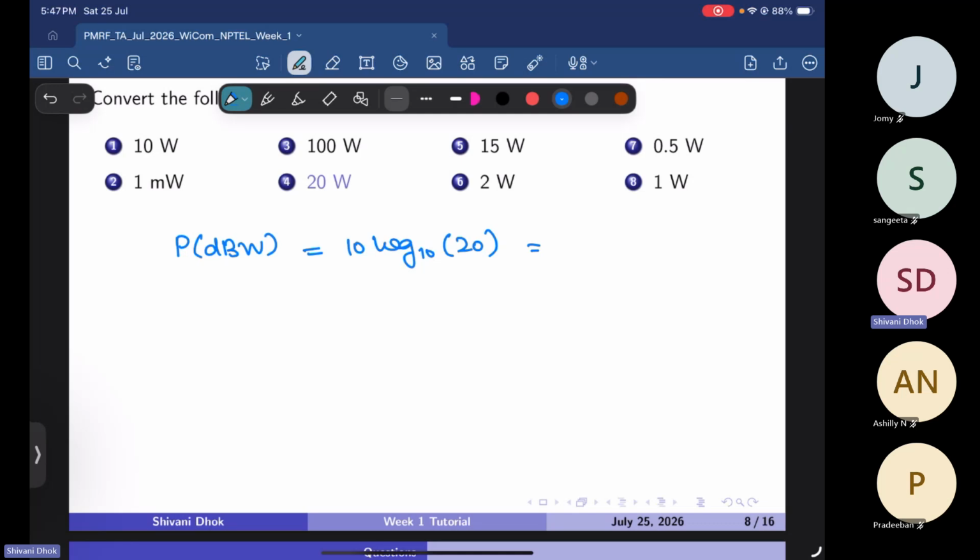Now for this you will need calculators. You can use it. You will be given digital calculators in your exam as well. So that's okay. And in dBm, this is 13 plus 30, that is 43.01 dBm.